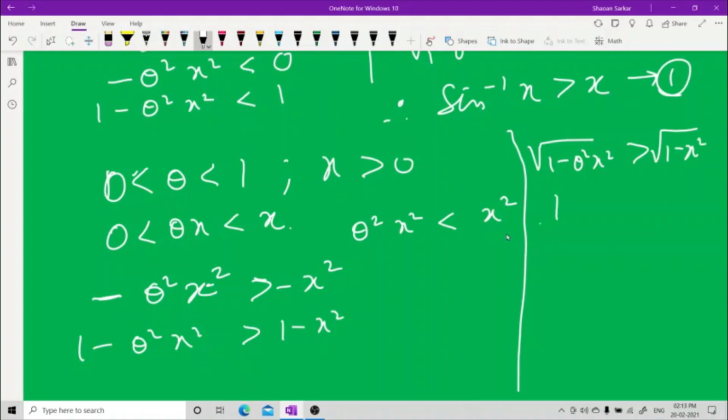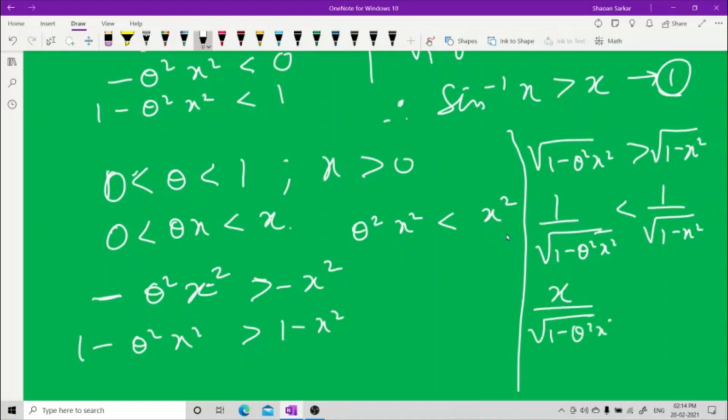Take the reciprocal: 1 upon under root 1 minus theta square x square is less than 1 upon under root 1 minus x square. Multiply by x on all sides: x upon under root 1 minus theta square x square is less than x upon under root 1 minus x square. Now this quantity is the same as sine inverse x.